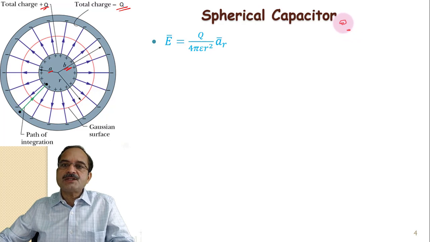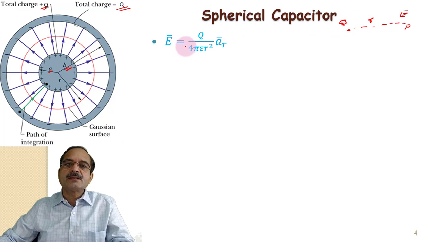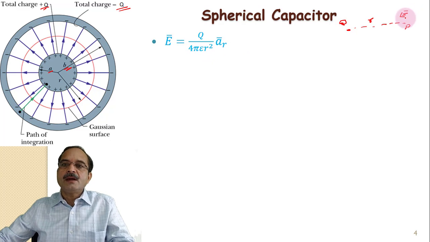So for the point charge, if I want to find out the electric field intensity E at a certain point P, where point P is located at a distance r, the formula for this E is Q upon 4 pi epsilon r square a_r. And this electric field E is directed in the a_r direction.